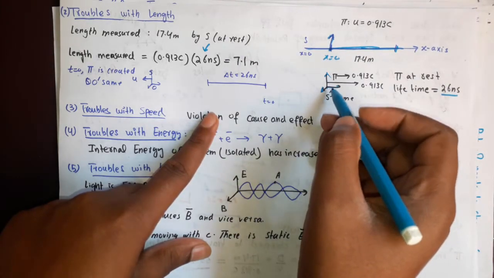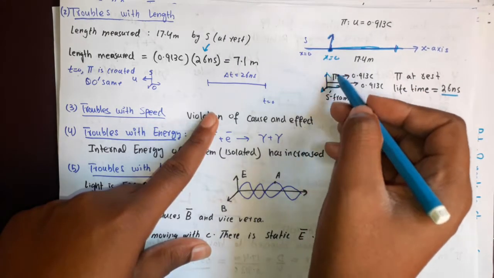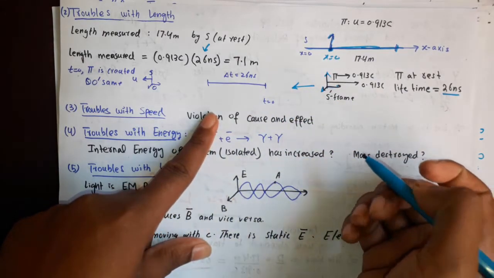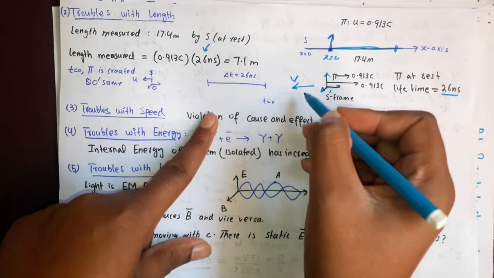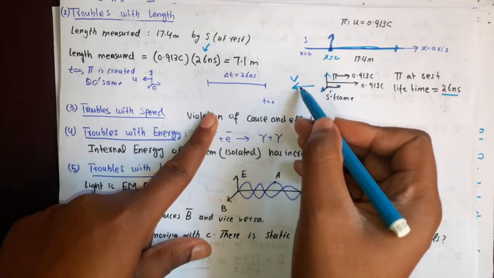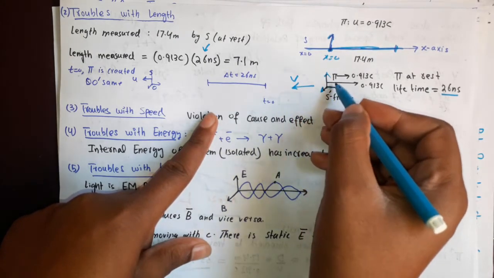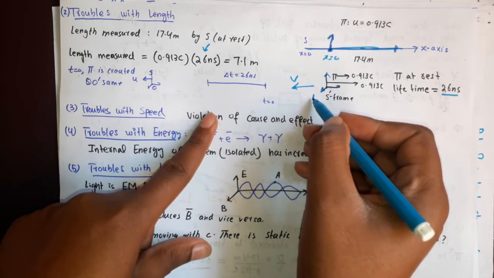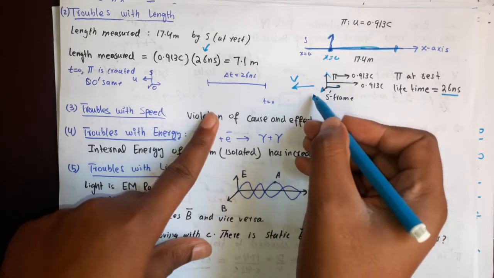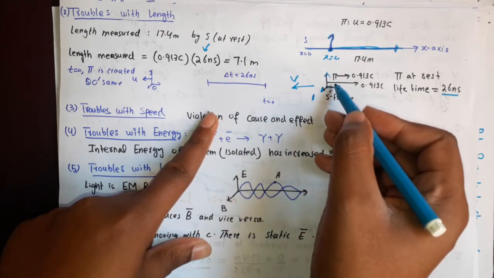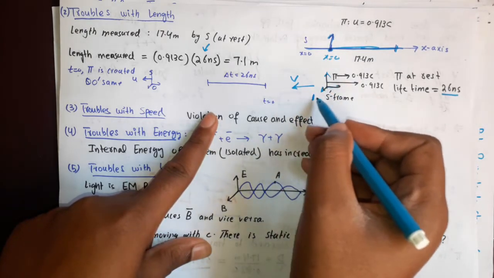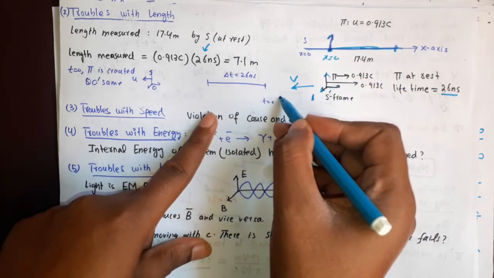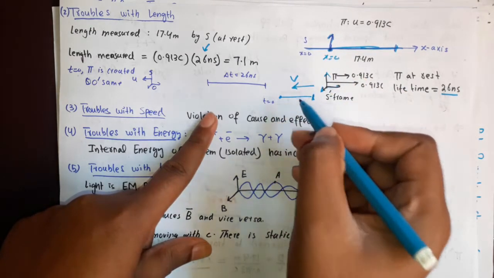From this frame it will appear that the observer S is moving in the opposite direction with the same speed v, because we discussed that motion is relative. So let's say when the pion was created in the S prime frame, we marked this point here, and when the pion decays, this particular point on the S frame has moved here, so we can measure this distance.